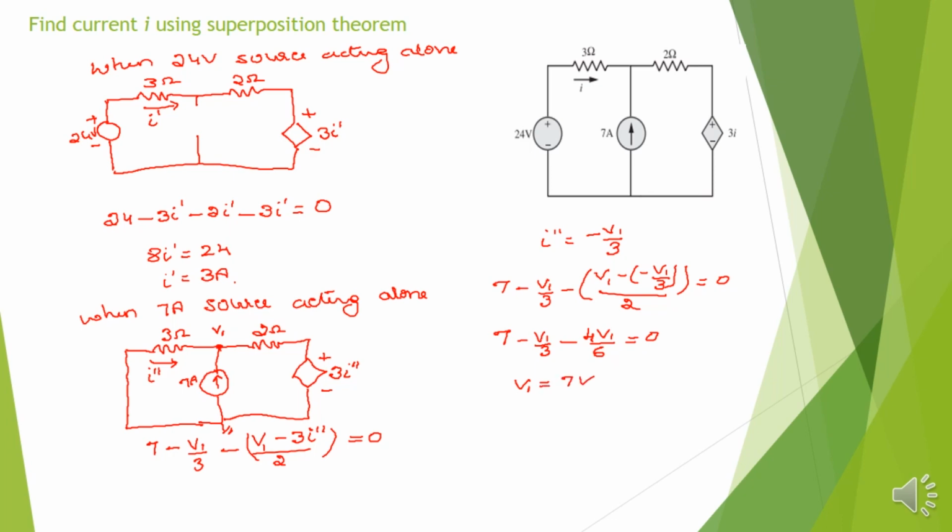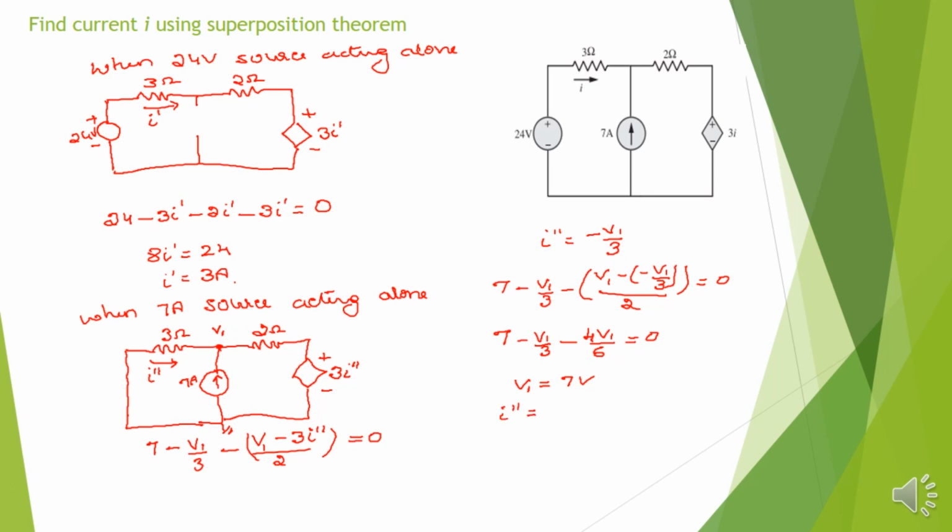When V1 is equal to 7 volt, what happens to I double dash? So V1 equal to 7 volt. So if I take a LCM, what will happen? 6, 2V1, 2 plus 6. V1 equal to 7 volt. So what happens to I double dash?